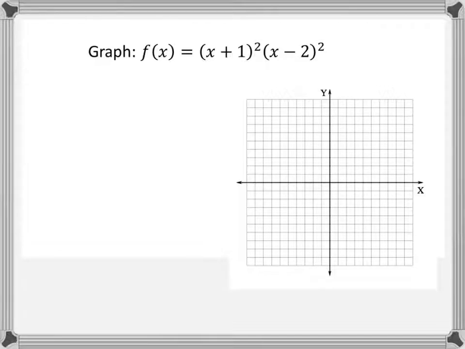Let's look at the graph of f of x equals (x plus 1) squared times (x minus 2) squared. So we have x squared times x squared. So in the long run, if we were to multiply this out, we would get f of x equals x to the 4th, dot dot dot.